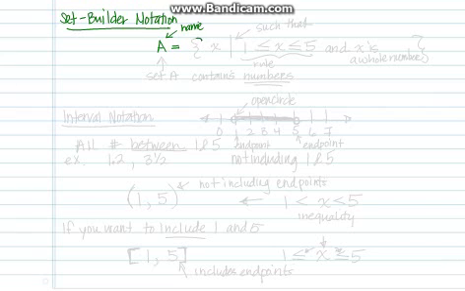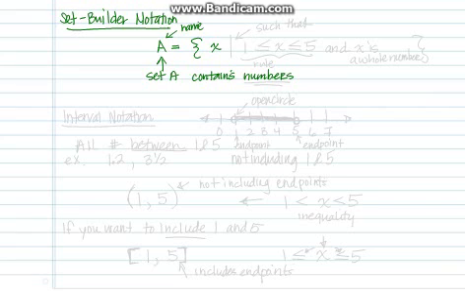To describe this set, I still have curly braces, but I want a rule to define what goes into my set. My set contains a whole bunch of numbers, the numbers 1 through 5. When we talk about numbers, we often use a variable, say x, to represent them. So my set A contains numbers, but I want a rule to say what numbers belong in that set.